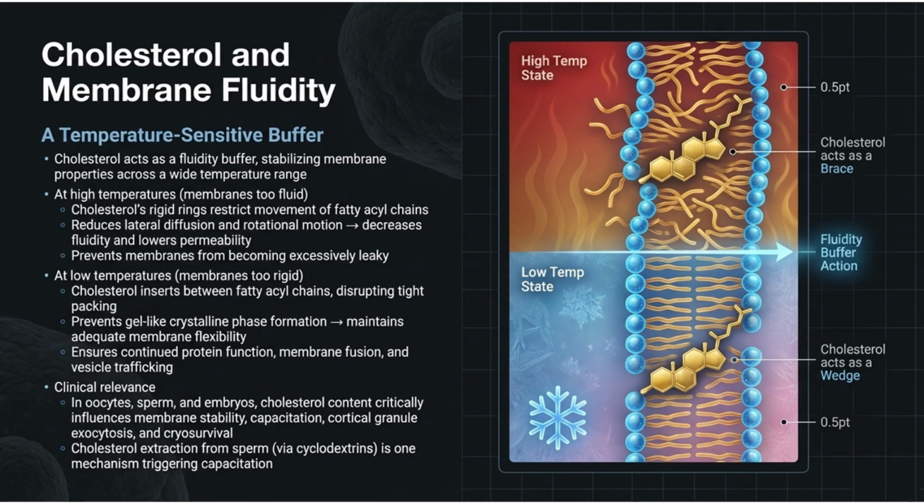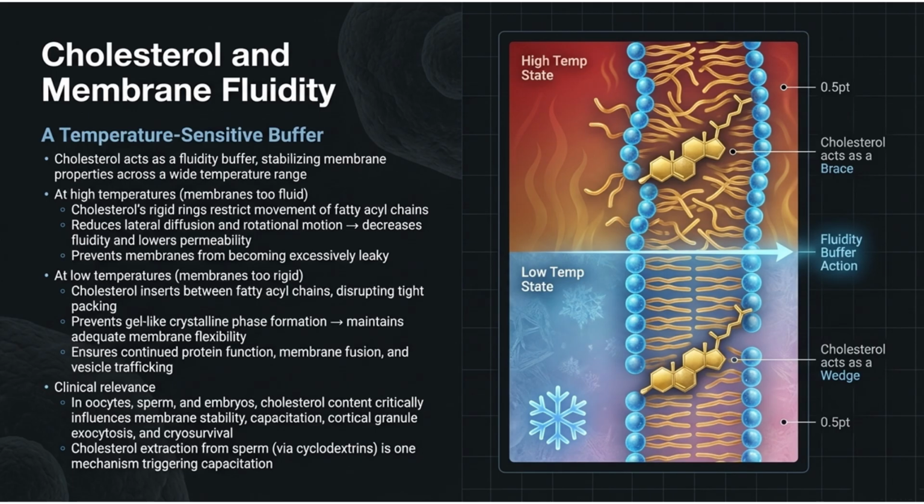Cholesterol counteracts this by inserting its rigid ring structure alongside the fatty acid chains. The rigidity of the steroid nucleus physically restricts the range of motion available to adjacent chains, reducing their lateral diffusion and rotational freedom. The membrane remains functional at temperatures that would otherwise make it dangerously leaky.